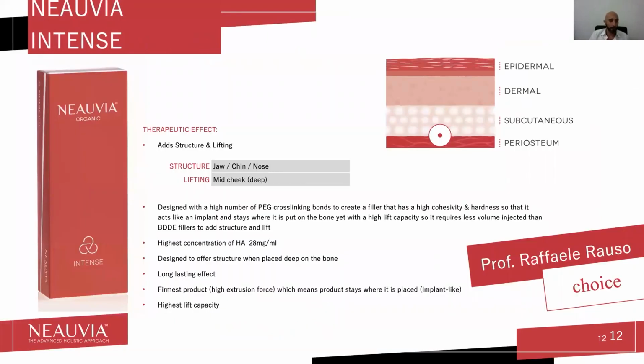In my hands, I love to use Neauvia Intense when I have to give big projection, represented mainly by the injection above the anterior nasal spine that lets us achieve projection and upward rotation of the tip of the nose. The second site where I prefer to use this kind of filler is the radix, so the frontal nasal angle.